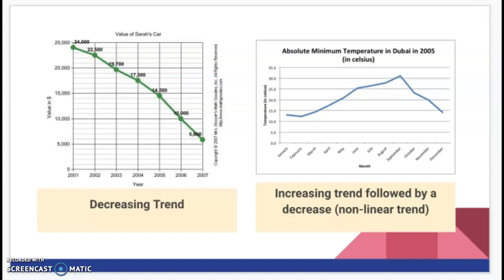Okay, now that you've had time to think about the trend, if we go back to looking at the value of Sarah's car, we see a decreasing trend. So the value of her car is decreasing as each year goes by.